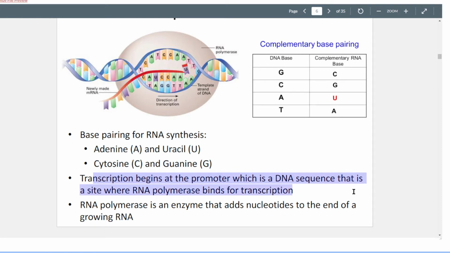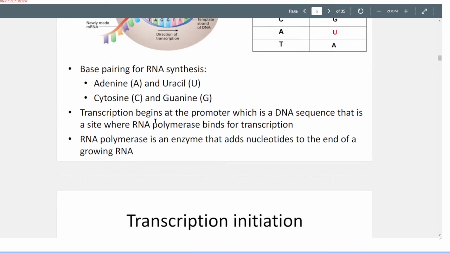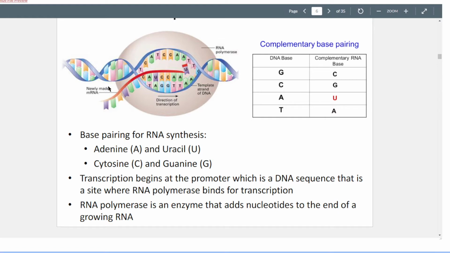Transcription begins at the promoter. So we have a promoter and RNA polymerase. This RNA polymerase will open up a section of DNA and add nucleotides to an end of an RNA. So it'll open up and then RNA will form.